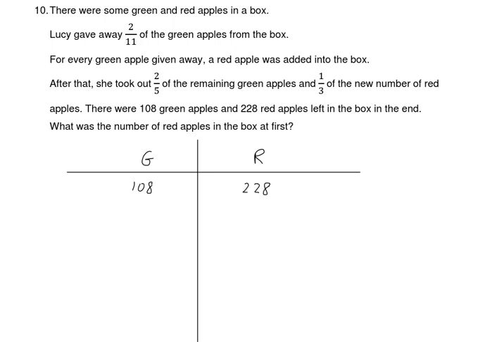Okay, so I read the previous statement. After that, she took out 2/5 of the remaining green apples and 1/3 of the new number of red apples. When she took out 2/5 of the remaining green apples, what fraction is left in the box, Jack? 3/5.